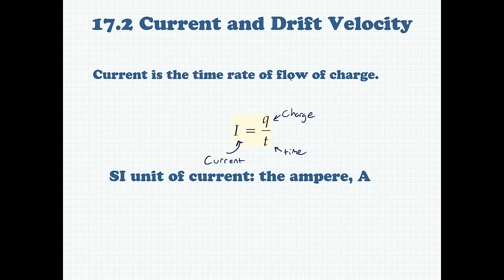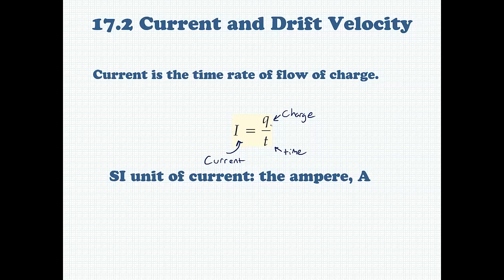So current being charge per second is in effect saying that current is kind of the velocity of electricity. It's how quickly you can deliver a certain amount of charge. And since electrons are the carriers of charge, another way of thinking about current is basically the number of electrons delivered per second. But you'd have to multiply it by the charge of an electron.